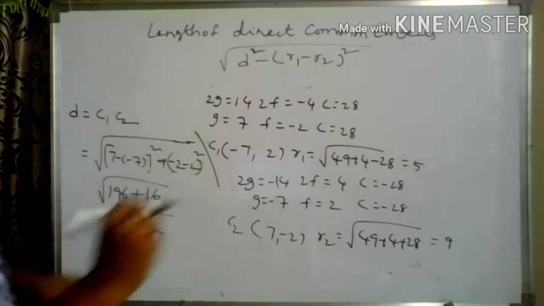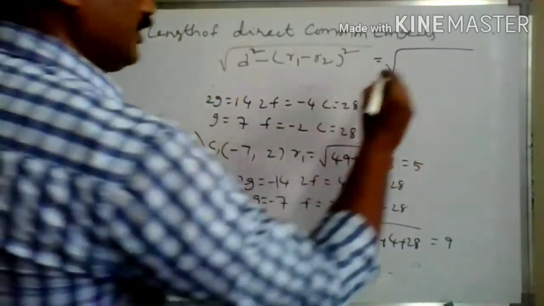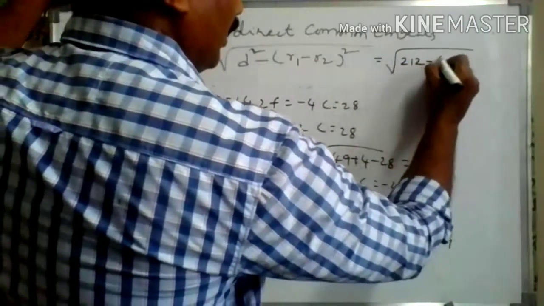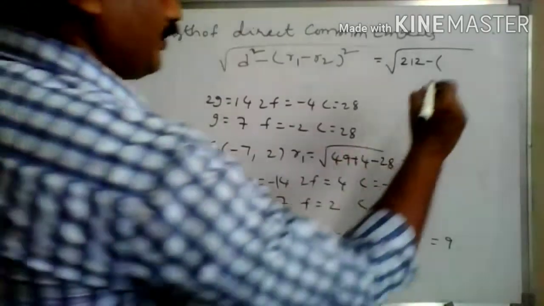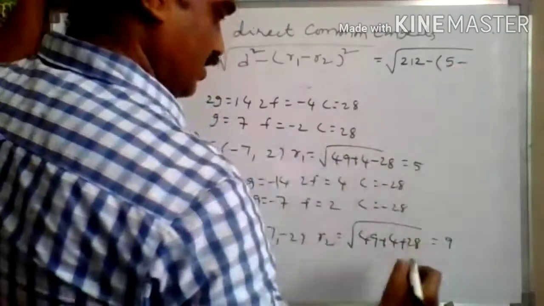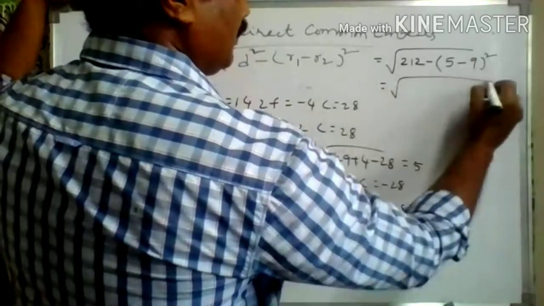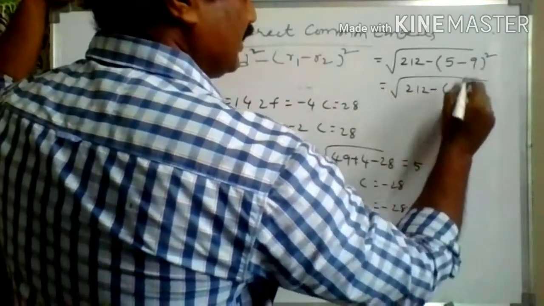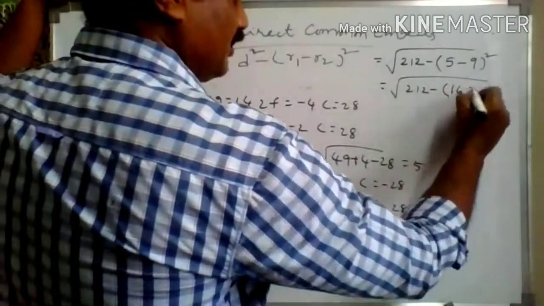So that is equal to root of D square. D is equal to root 212, so D square is 212, minus R1 minus R2 whole square. Since R1 is equal to 5, R2 is equal to 9, 5 minus 9 is minus 4, minus 4 whole square is equal to 16.